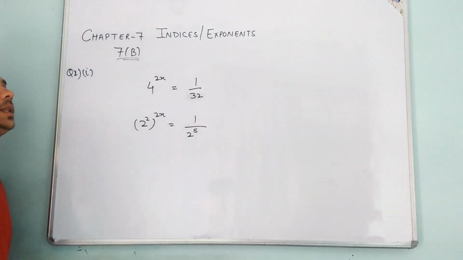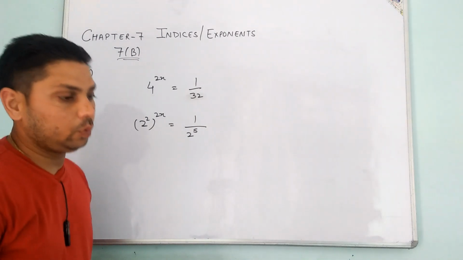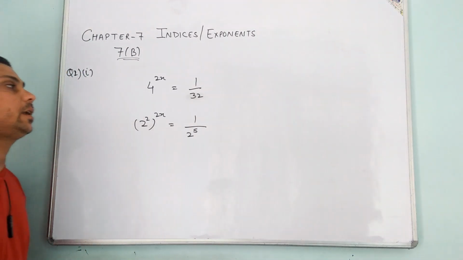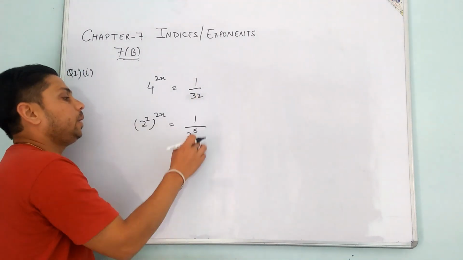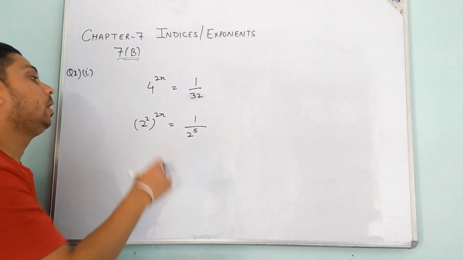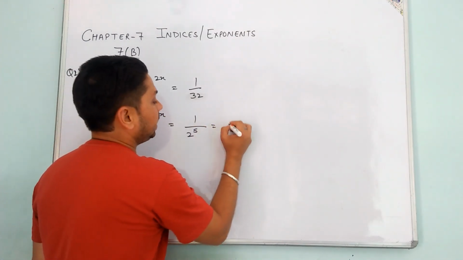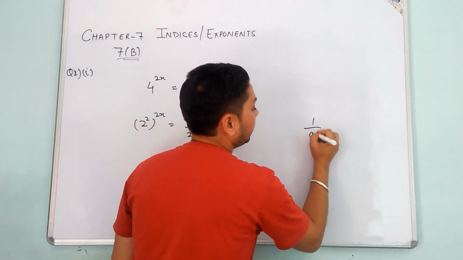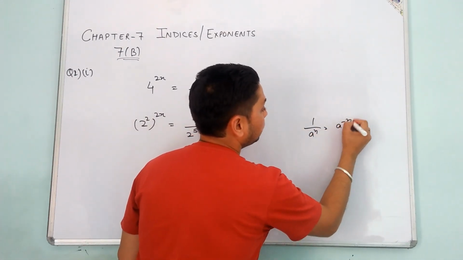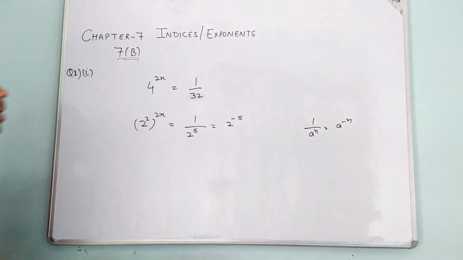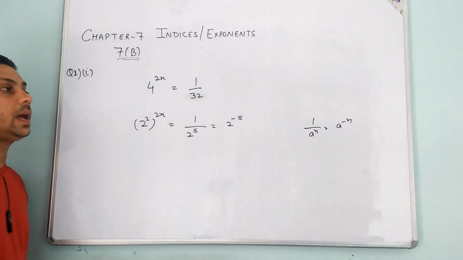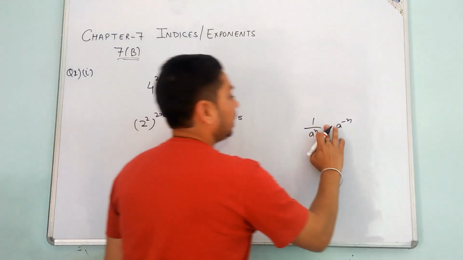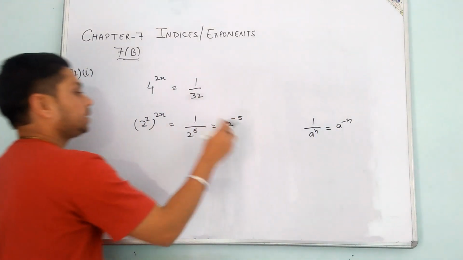Now, find the prime factorization of 32. When you do the prime factorization of 32, it will be 2 raised to power 5. It can be written as 2 raised to power minus 5 because of the property that 1 over a raised to power n can be written as a raised to power minus n.